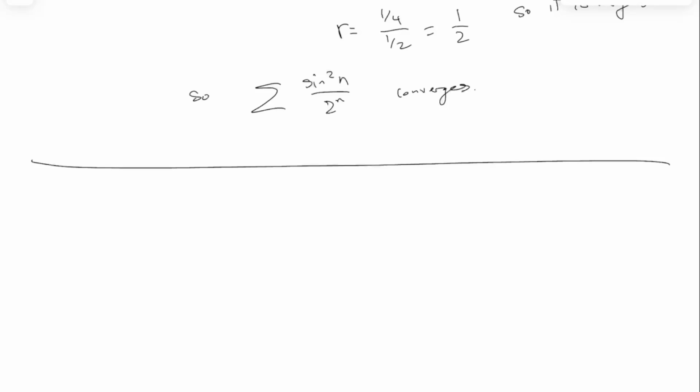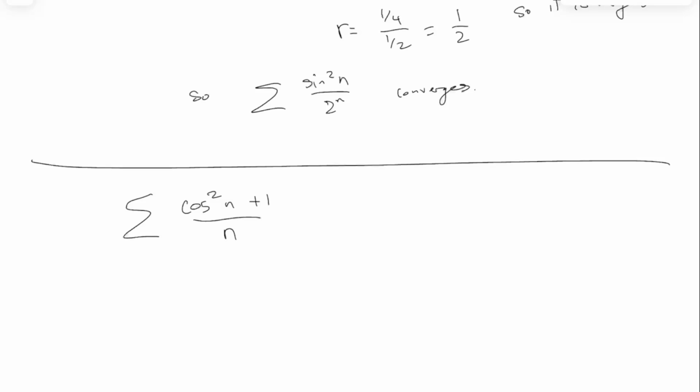So let's try the sum of cosine squared n plus 1 over n. Now this one I would like to compare with a p series. So I see n down there.